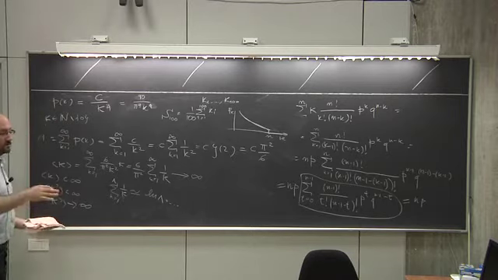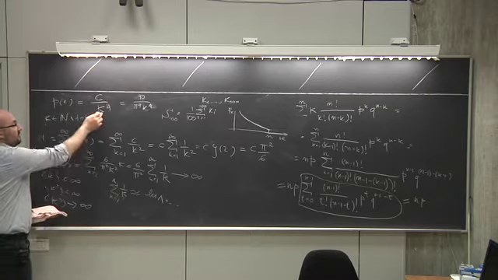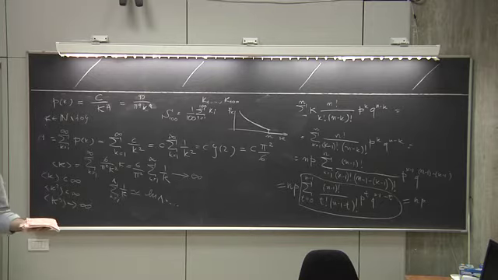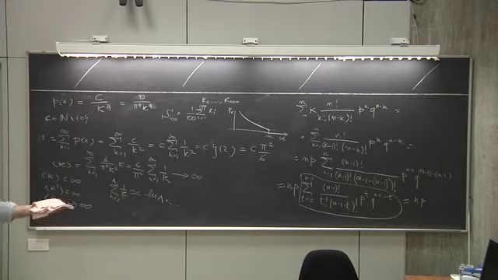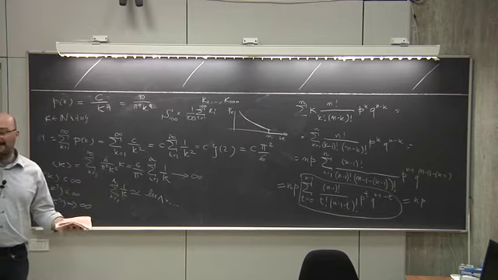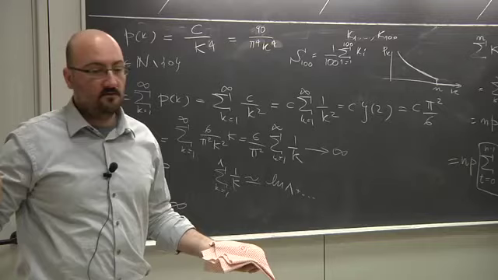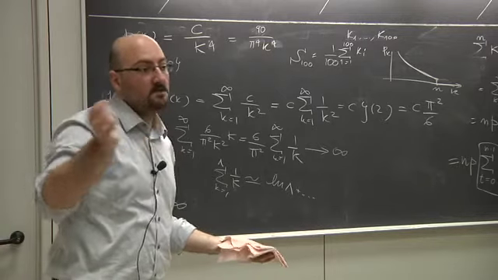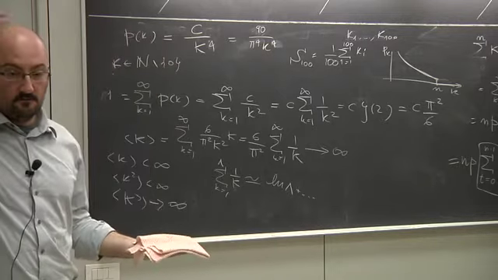Okay? It has to go to 0 certainly faster than 1 over any polynomial. For example, an exponential distribution, e to the minus k, that will work. Because the sum of k to any power times e to the minus k is always finite. It becomes large, but stays finite when the power increases.